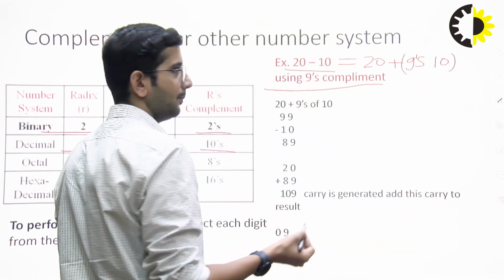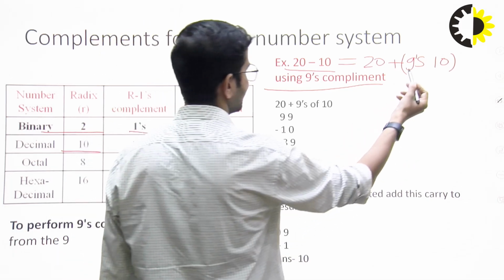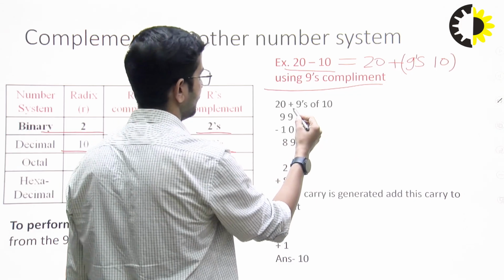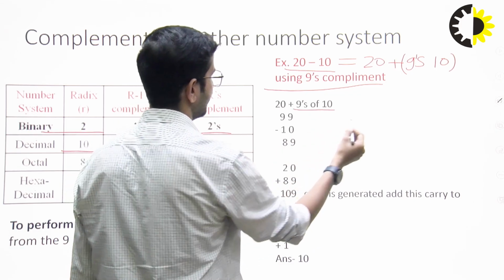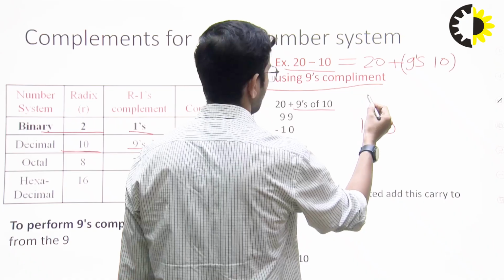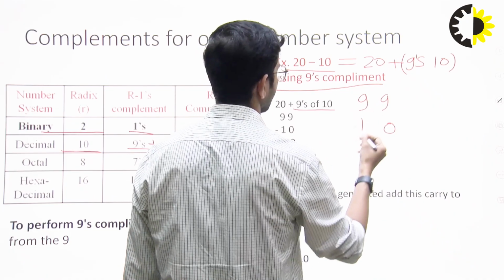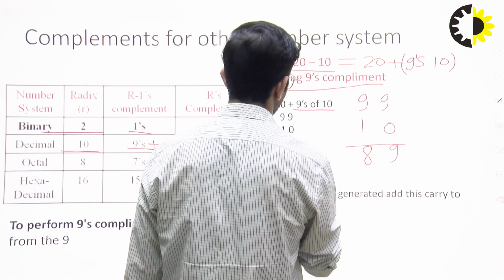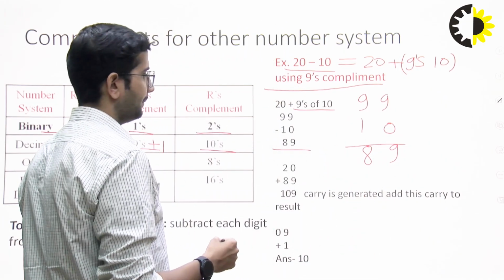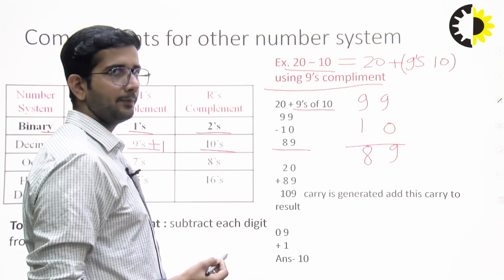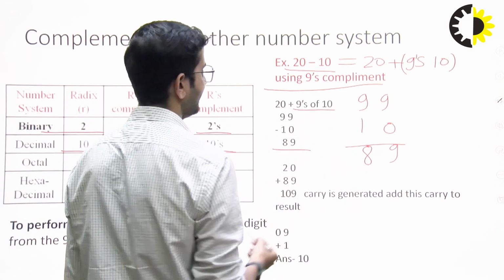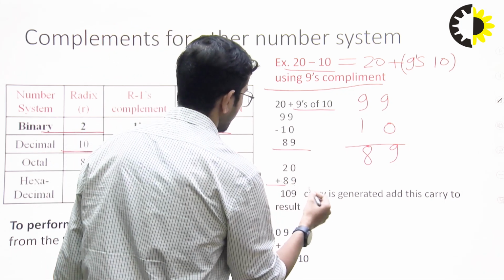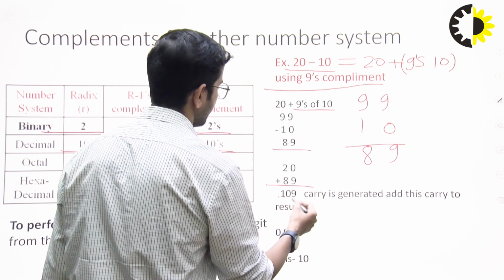In the 9's complement we just subtract each digit from 9. The 9's complement of 10 is 99 minus 10: 9 minus 1 is 8, and 9 minus 0 is 9. So 89 is the 9's complement of the given number. Now we add 20 plus 89, that is 20 plus the 9's complement of 10.